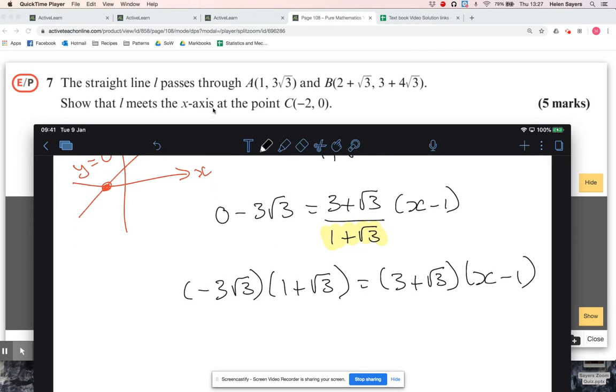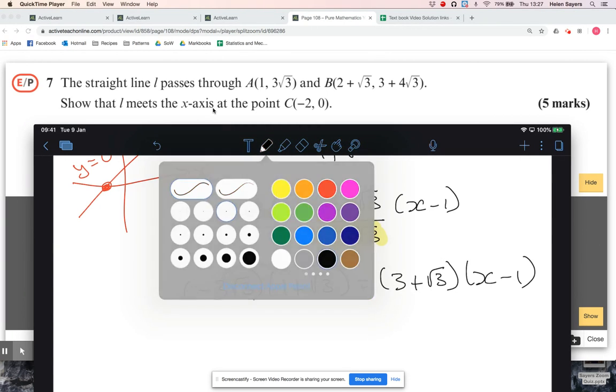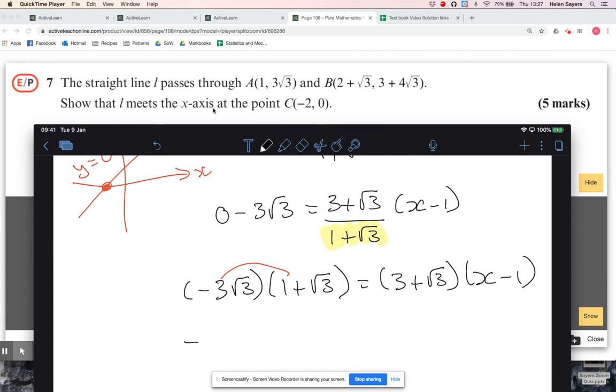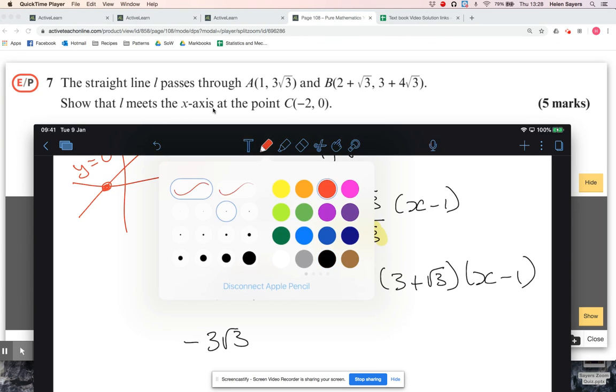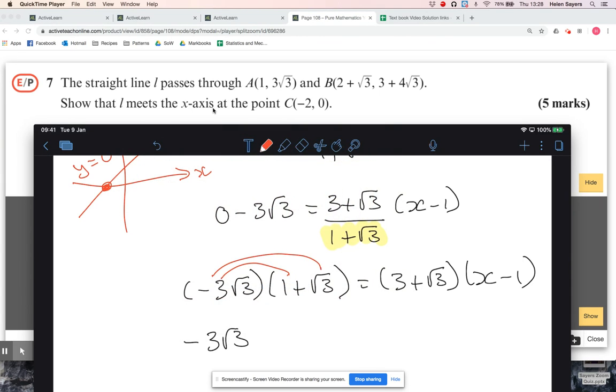So I have got minus 3 root 3 times 1. So that's minus 3 root 3. I've got minus 3 root 3 times root 3. So that is going to be minus 3 times 3. You could put these into your calculator.